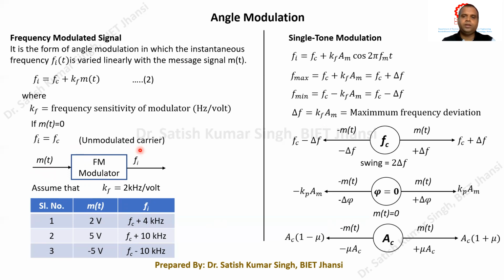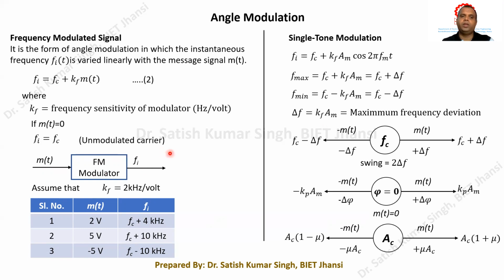Basically, the output of the FM modulator will be a sinusoidal carrier of different frequencies. We are interested in the instantaneous frequency of the carrier. So we give the message signal m(t) to an FM modulator and observe the output frequency.